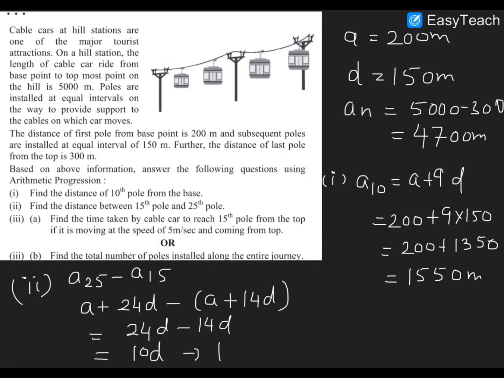So 10 into 150 equals 1500. So the distance between the two poles is 1500 meters.